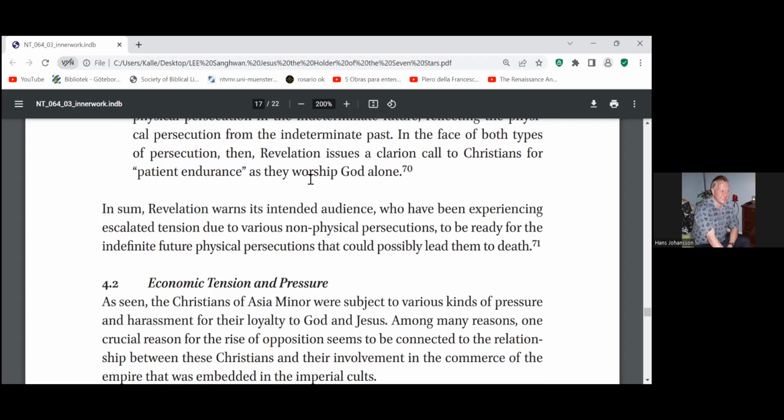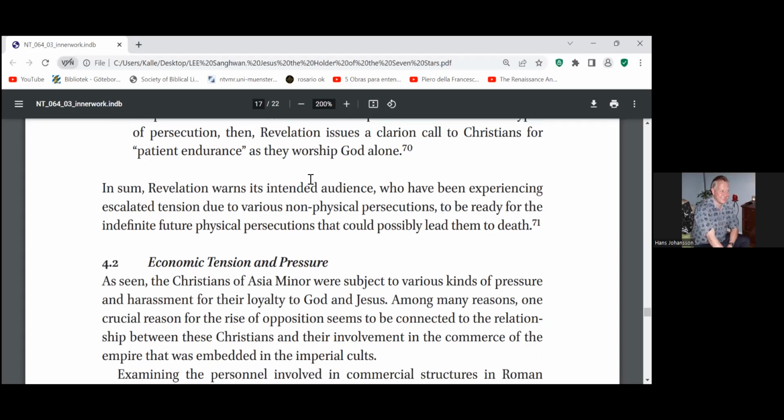In the face of both types of persecution, then, Revelation issues a clarion call to Christians for patient endurance as they worship God alone.